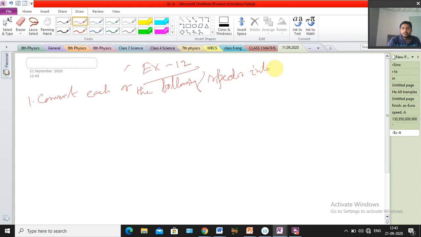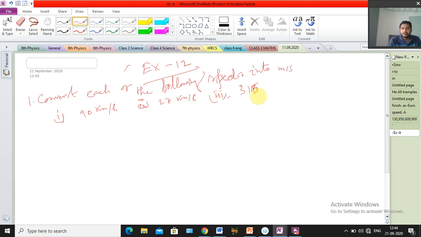Convert the speeds into meter per second, that is the question. So what is the data given here? The first data is 90 km per hour. Number 2, 27 km per hour. Number 3, 315 km per hour.